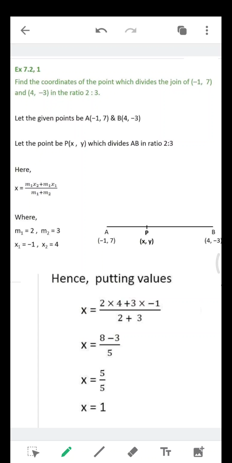So this point P is dividing this in the ratio 2 is to 3. So this is your m1 m2, which is 2 and 3. And (-1, 7) will be x1 y1, and (4, -3) will be x2 y2.